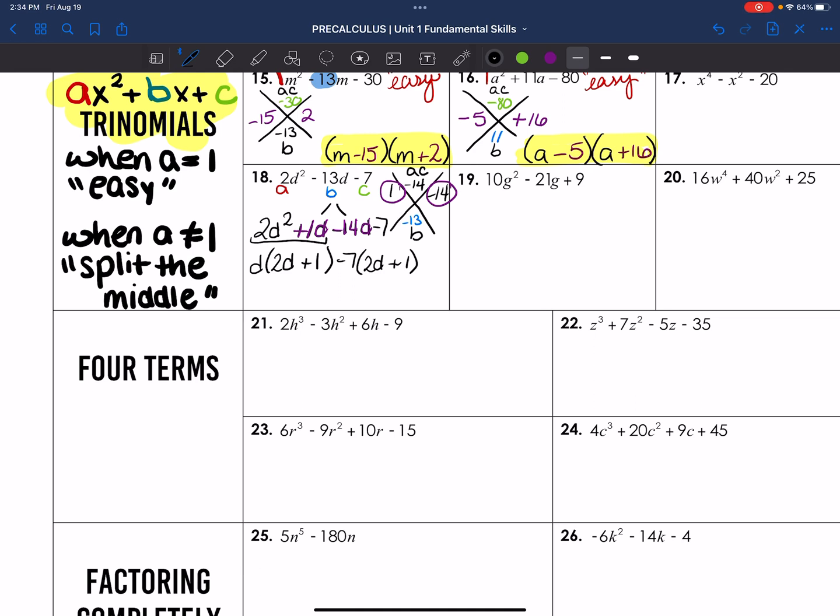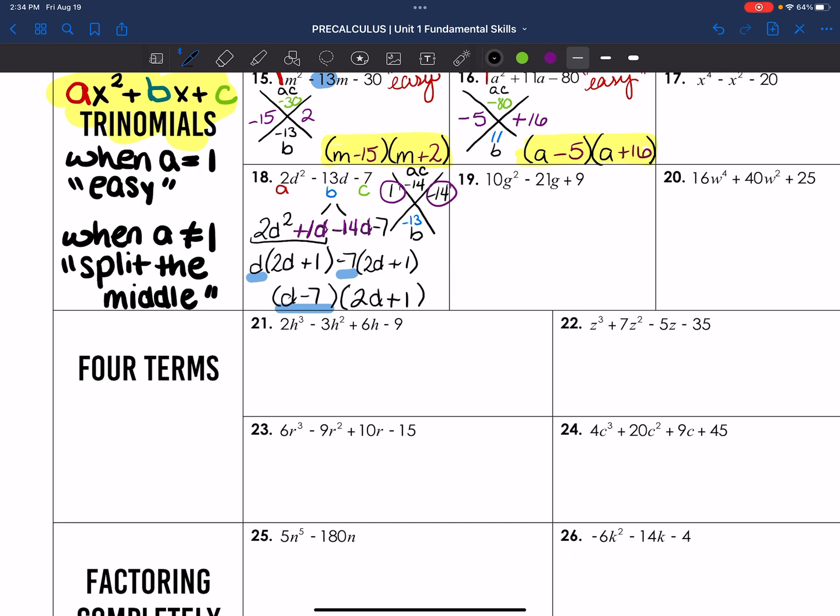Now, to finish it off, look here. One of our factors is our GCF, because both the D and the minus 7 are multiplying with 2D plus 1.